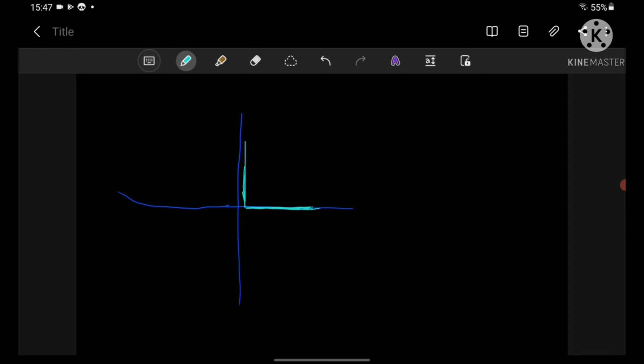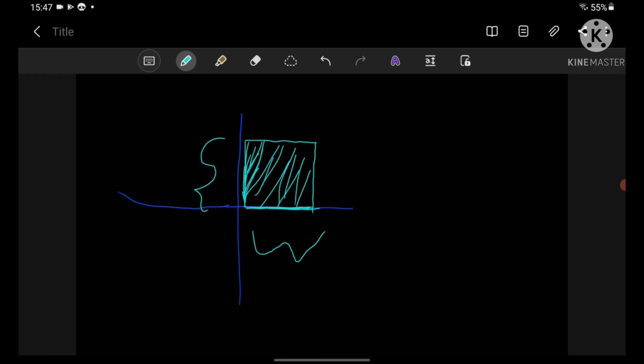And the closed area that they form is the area in which the point will always lie, because this is in itself an SHM, and this is also an SHM. So in terms of x coordinates, they can at max range from here to here, and in terms of y coordinate, they can at max range from here to here. So in short, they will lie in this rectangle.